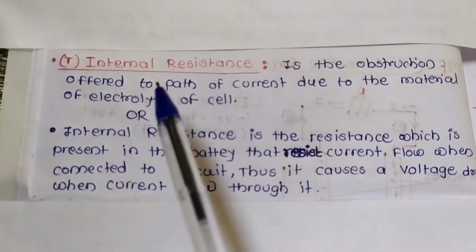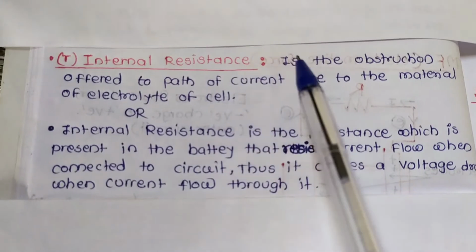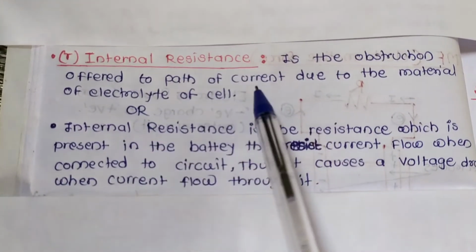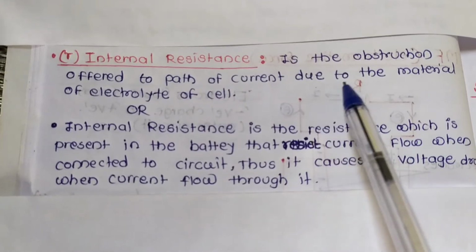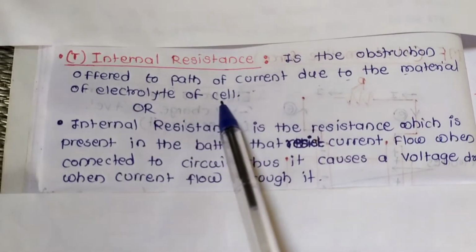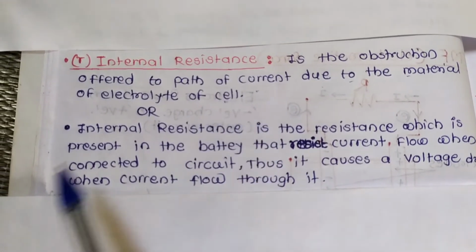Now, the definition of internal resistance is the obstruction offered to the path of a current due to the material of the electrolyte of the cell, as we saw in the diagram.